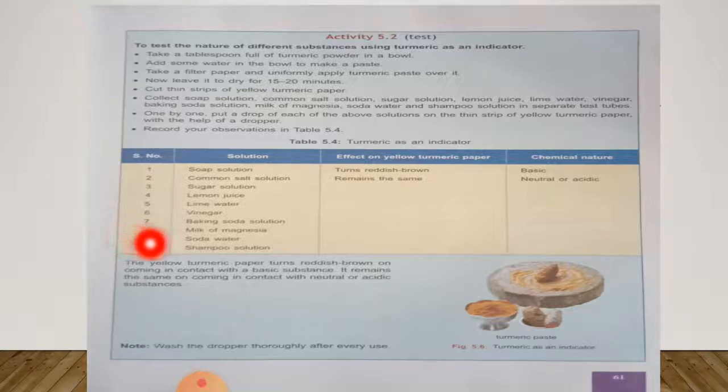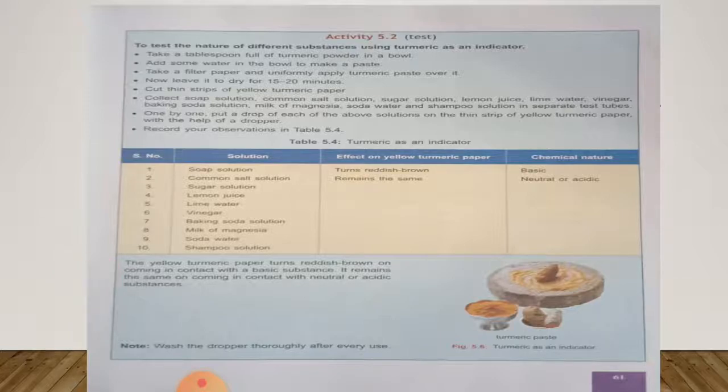The yellow turmeric paper turns reddish brown on coming in contact with basic substances. It remains the same on coming in contact with neutral or acidic substances. Note: wash the dropper thoroughly after every use. So, this is an important point.